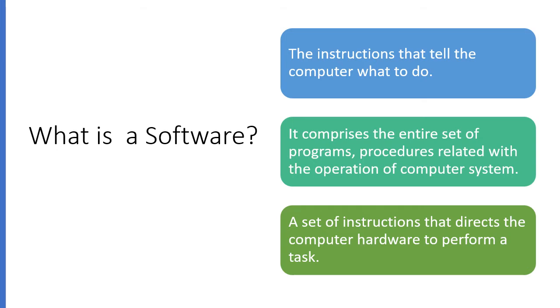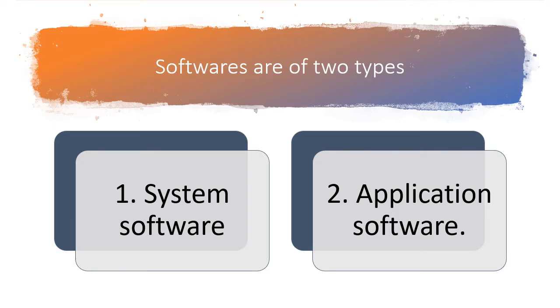Or otherwise, we can say a set of instructions that directs the computer hardware to perform a task. Okay? All right. Now, software is of two types, system software and application software. Now let's study one by one.